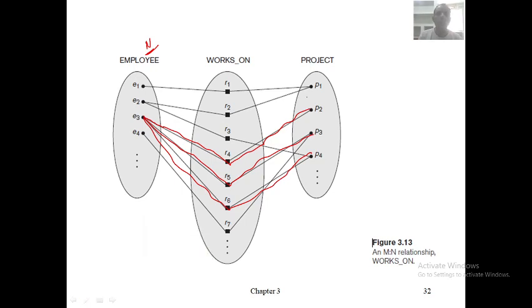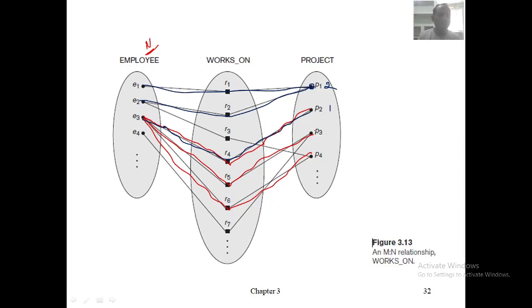Now see, if I take project P1, employee 1 is also working, and employee 2 is also working, which means here there are 2 employees working. For project 2, only E3 is working, which means only one employee.